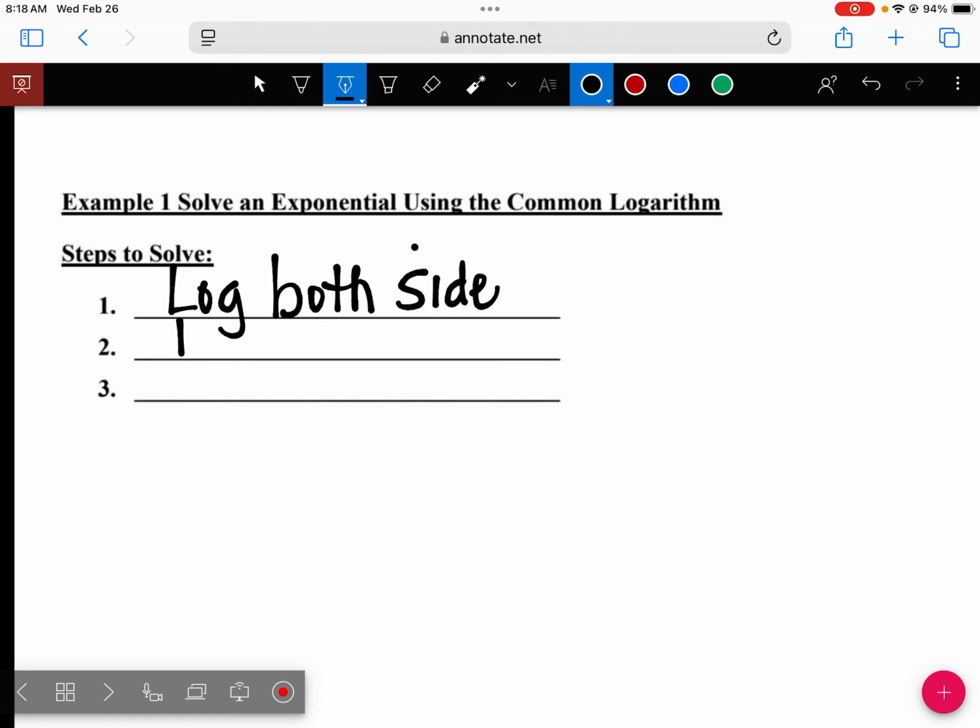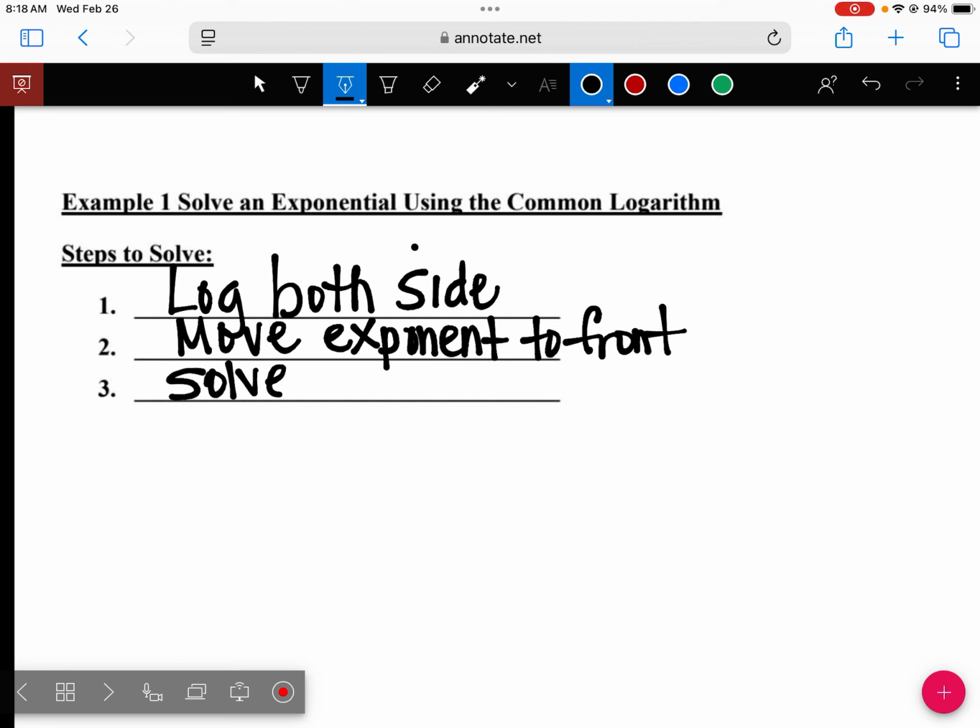And then you move your exponent, and that gets moved to the front. And then we just solve it. That's our 3 steps that we're going to follow.